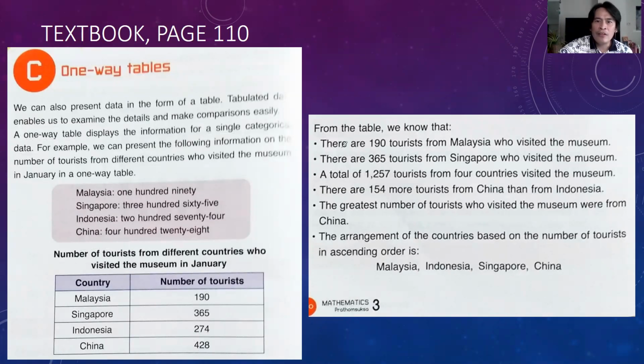First information, there are 190 tourists from Malaysia. Correct. Second information, there are 365 tourists from Singapore. Correct. Easy breezy. A total of 1,257 tourists from 4 countries. So if you add this, you will get 1,257.